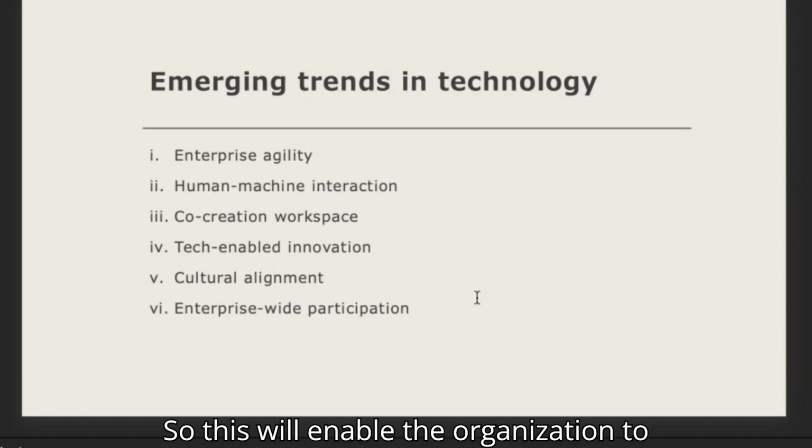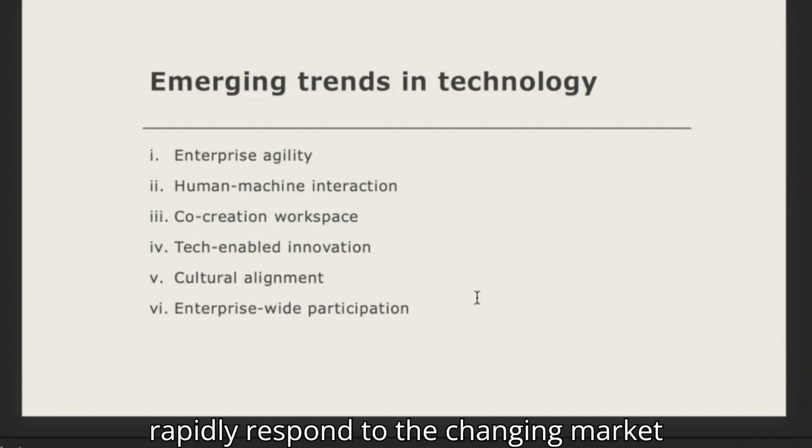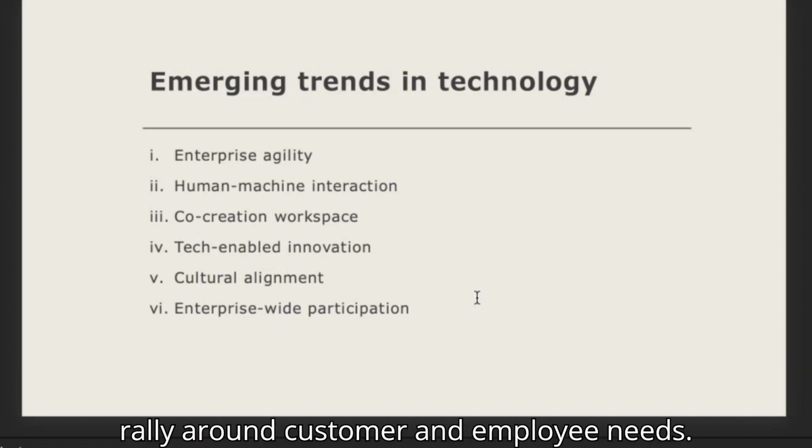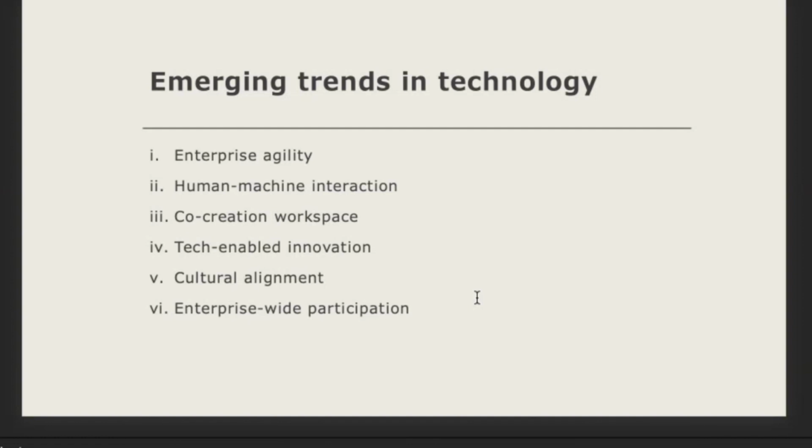So this will enable the organization to rapidly respond to changing market conditions. So business technology strategy should drive the entire enterprise to transform the business. And also the technological function should blend seamlessly to rally around customer and employee needs.